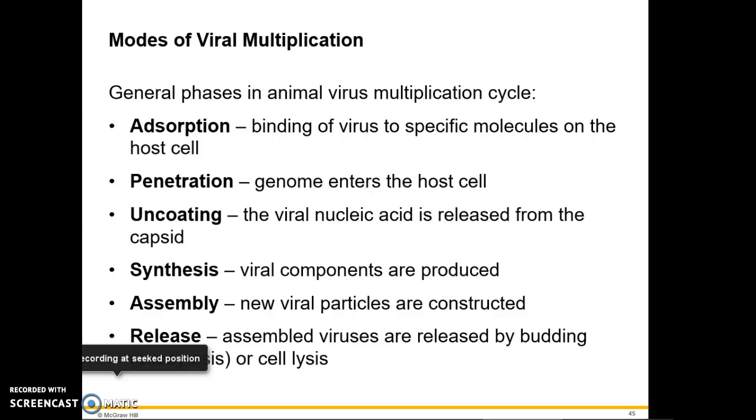Assembly is when those components are put together, when new viral particles are put together. And then release is when the assembled viruses are released from the host cell by exocytosis or cell lysis.